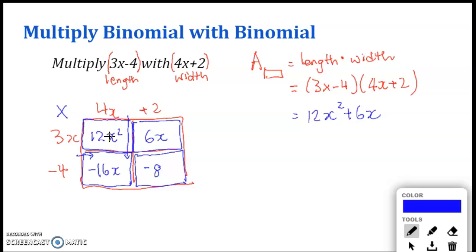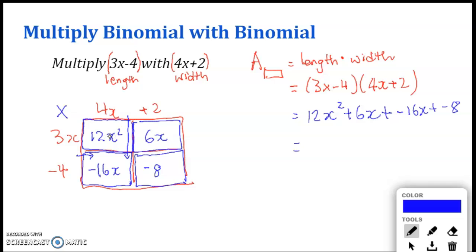The total area is made up of this area plus this area plus this area plus this area, so we're adding up all the little areas.